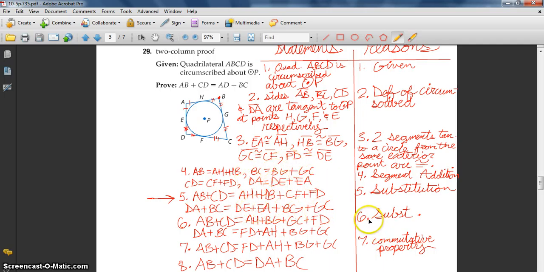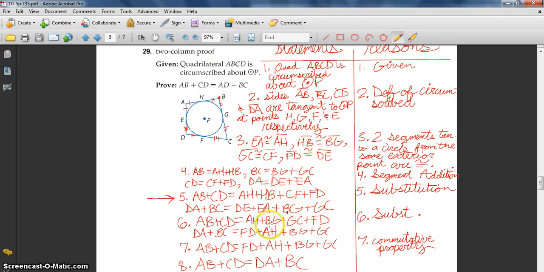On step 6, I'm substituting again because I want to somehow equate these two things. That's what I'm trying to prove. So let's see if we can change this up so that it's equal. I can take HB and CF, and if I go back to statement 3, I can put what is congruent to them in their place.